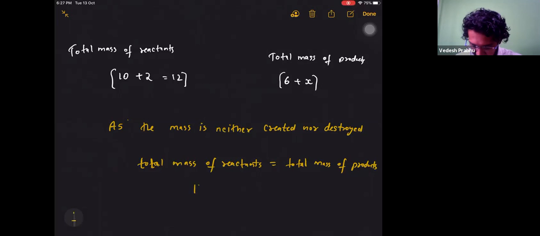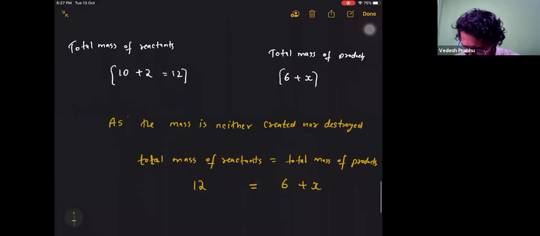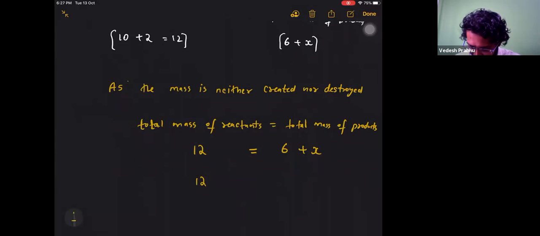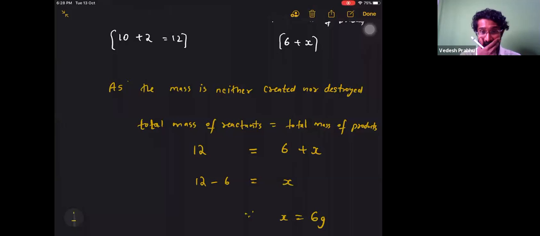So I have to write here 12 is equal to 6 plus x. If I solve for x, I will get the answer, that is 6 grams.